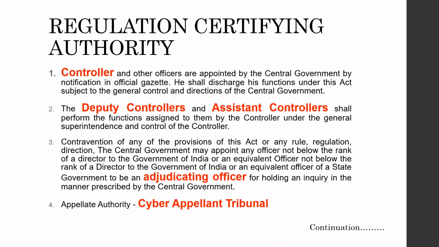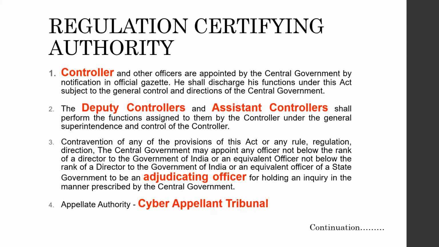Next is the regulation of certifying authorities. There are certifying authorities who regulate these cyber-related things. First, the controller and other officers are appointed by the central government by notification in the official gazette, and they discharge the functions mentioned under this act, subject to the general control and direction of the central government.